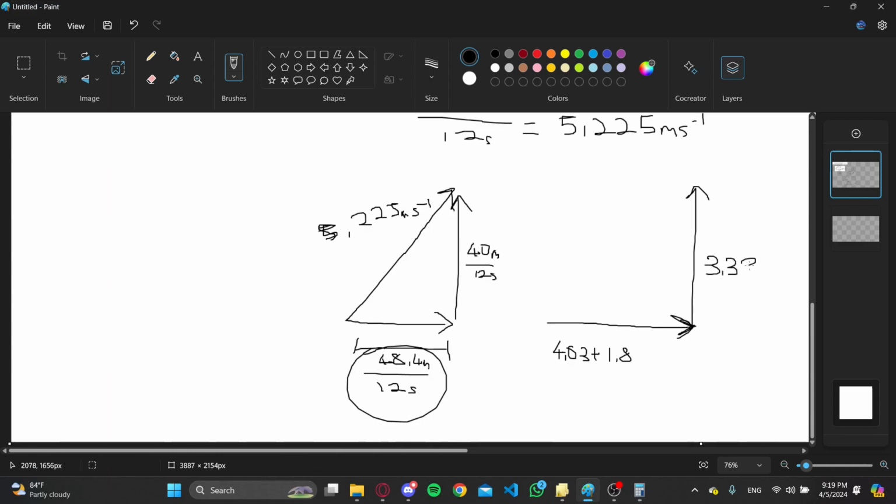This is all in meter per second, by the way. I'm just lazy. And then, in theory, if I'm right, this squared plus this squared should give us the speed Hamid's boat traveled from P to Q.